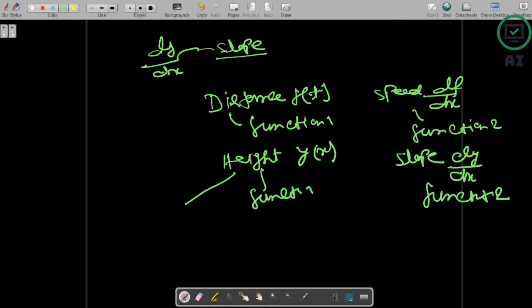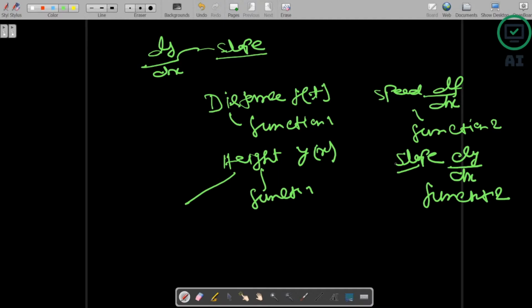This is the height of a mountain and this is the slope of a mountain. So here also we have function 1 and function 2, and what we have to do is find the connection between function 1 and function 2, and this is all about calculus. What is the relationship between function 1 and function 2?